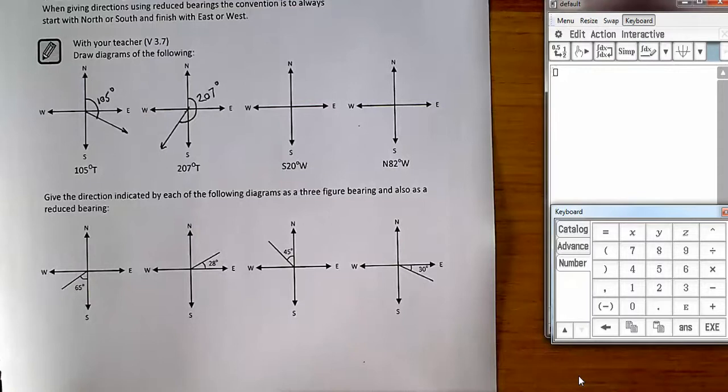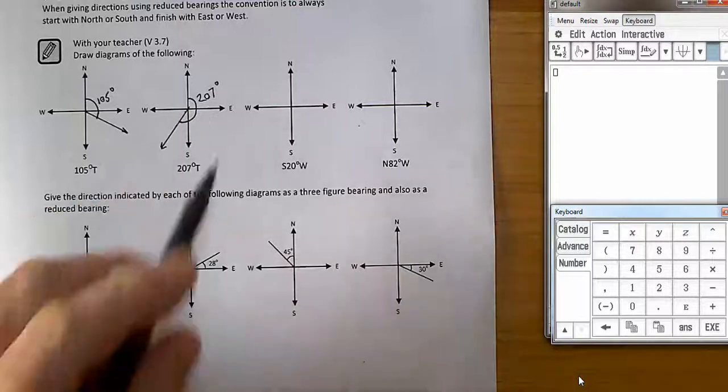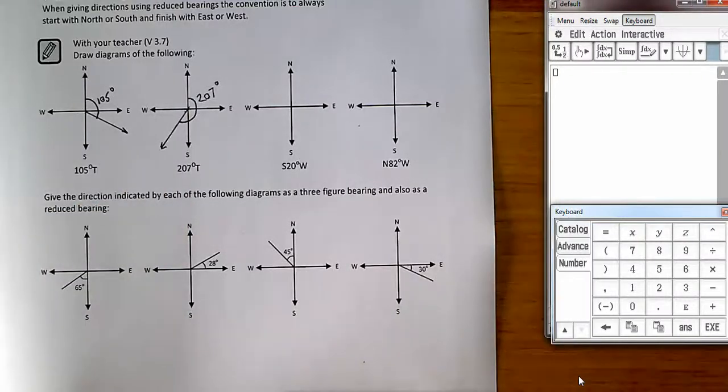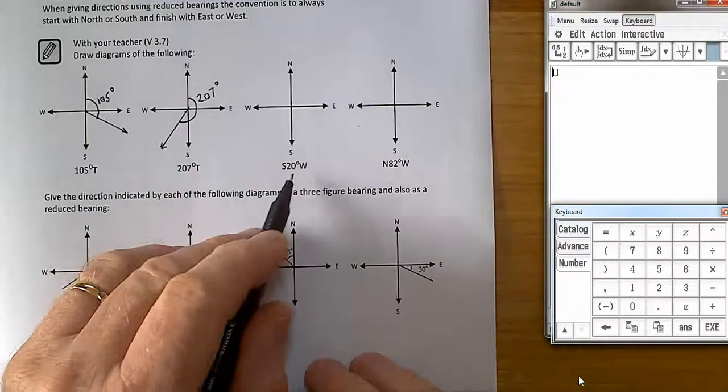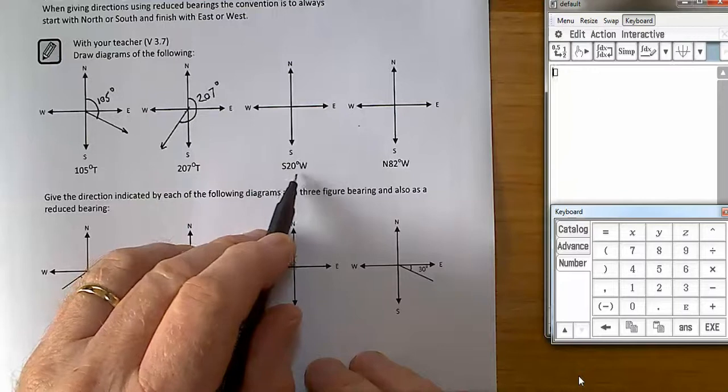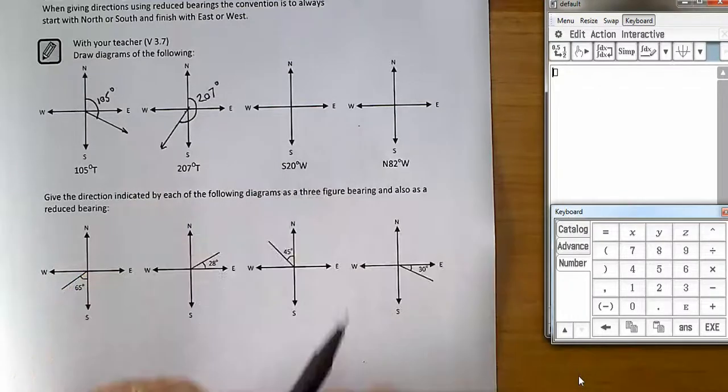The next one is giving them as reduced bearings. Now reduced bearings reduce big angles like this, and they write it in simpler terms so that you've always got an acute angle here. You've always got an angle of less than 90 degrees in the middle of a reduced bearing. Reduced bearings by convention start with south or north and end in east or west.